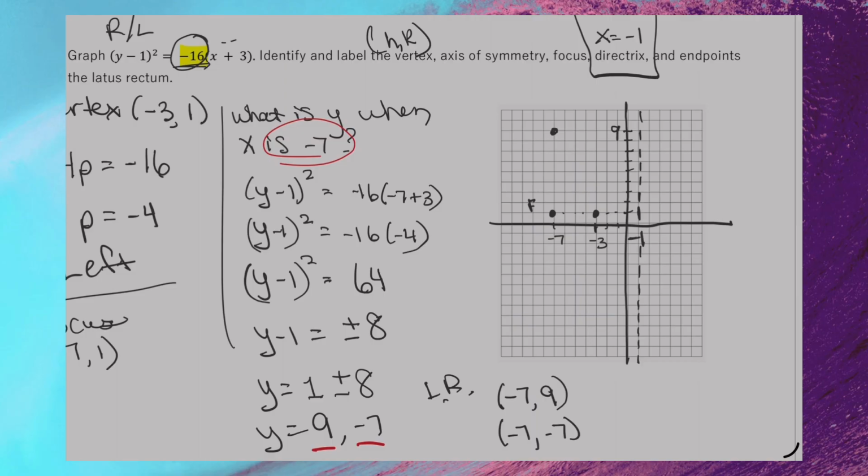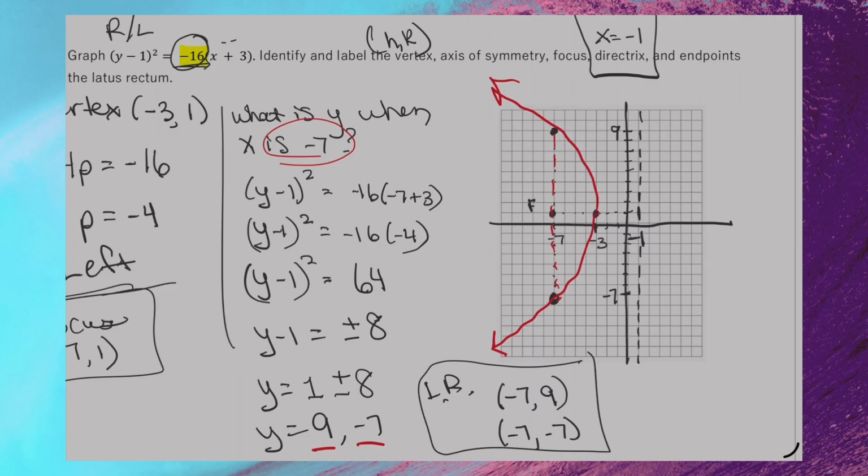And if you want, you can think about that 8 being 1, 2, 3, 4, 5, 6, 7, 8. And then the other way, should be here at negative 7. So this is the latus rectum, and this is the width of my parabola, like so.